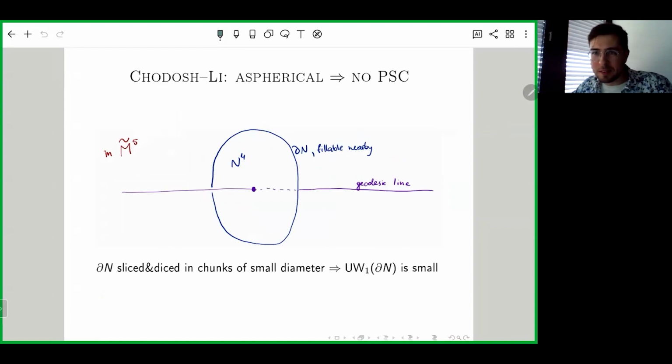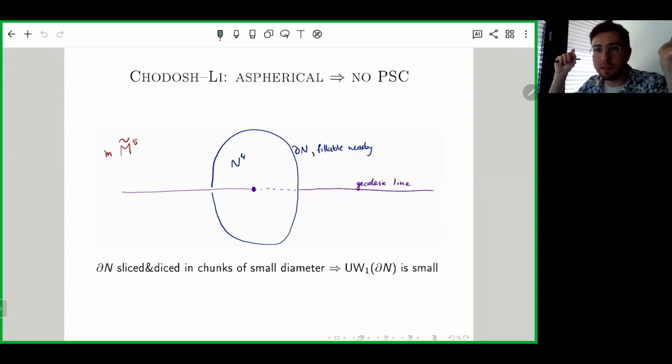So maybe this is not literally correct what I'm saying, but there was this very outstanding work which proves that aspherical manifolds of dimension 4 and 5 cannot carry a metric of positive scalar curvature. And an oversimplified sketch of the proof, oversimplified to the extent that it may not be correct, but let me still say a few words, goes as follows.